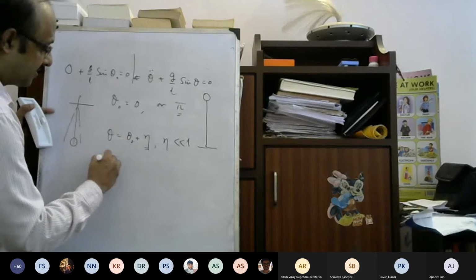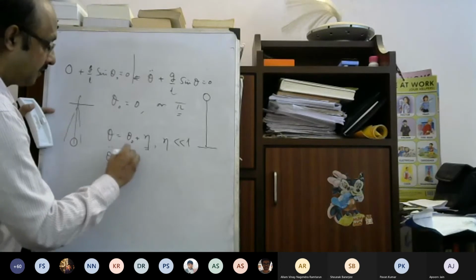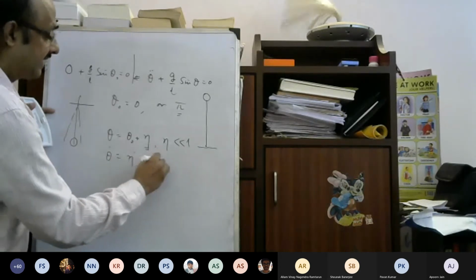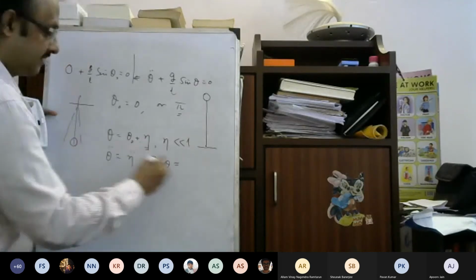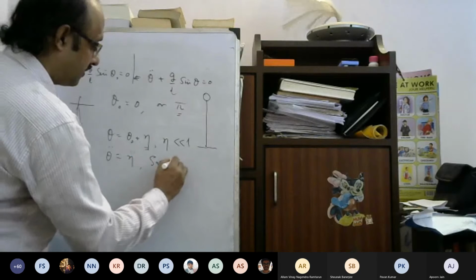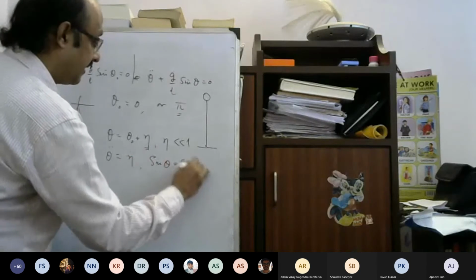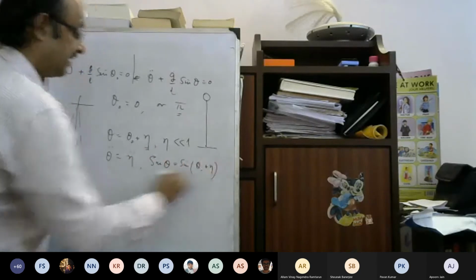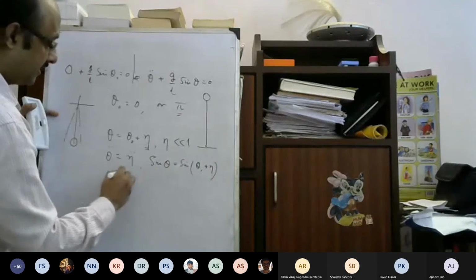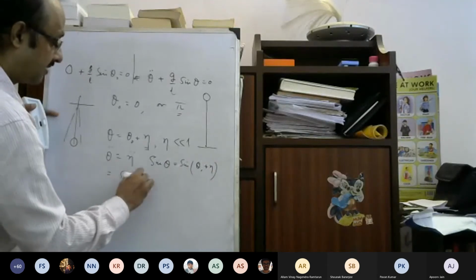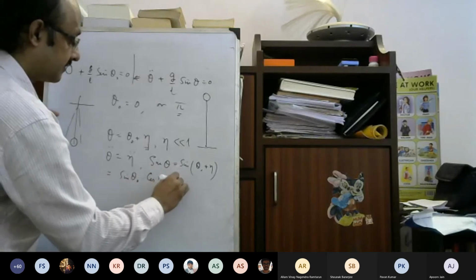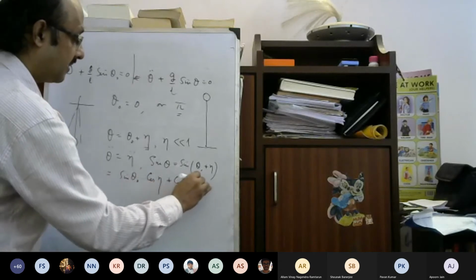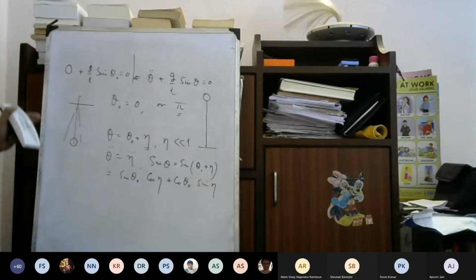So here in the equation, theta double dot will be equal to eta double dot, and sine theta will be approximately equal to sine of theta naught plus eta. This equals sine theta naught cosine eta plus cosine theta naught sine eta.